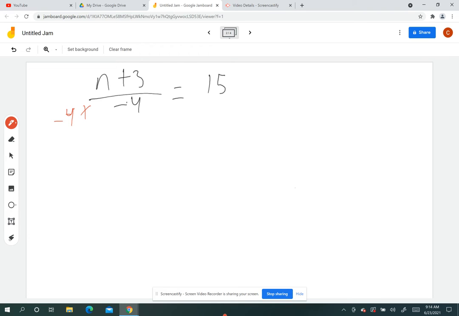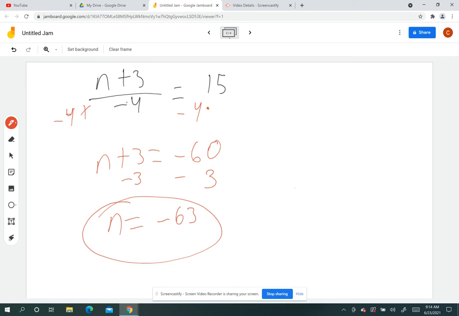So I have n plus 3 equals negative 60. Then I'm going to subtract 3 from both sides. And I'm going to get n equals negative 60 minus 3, which equals negative 63.